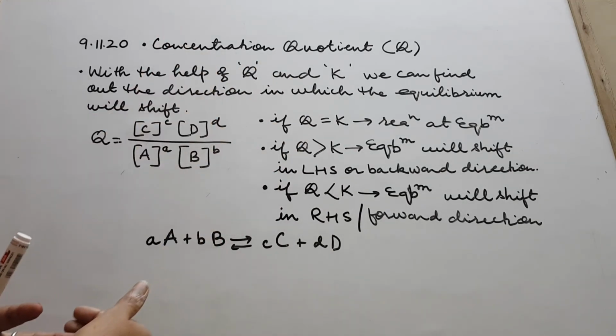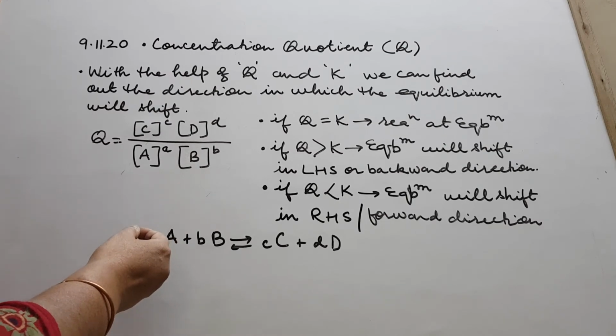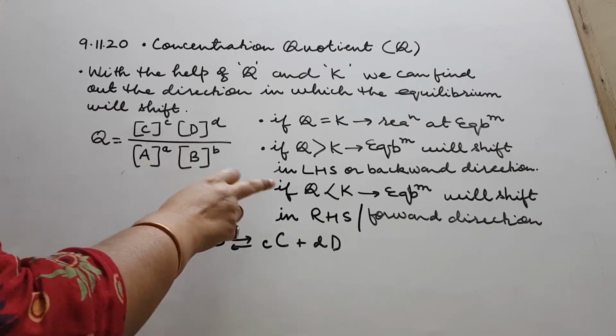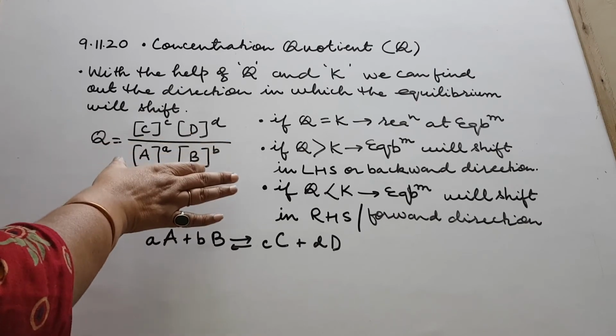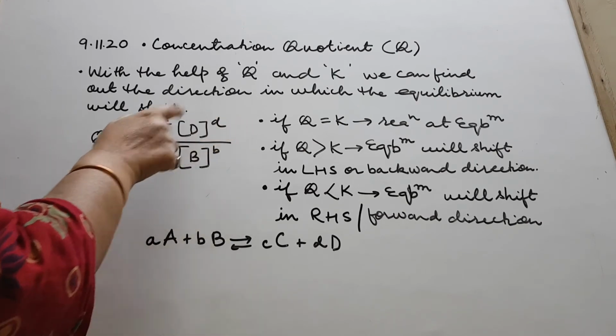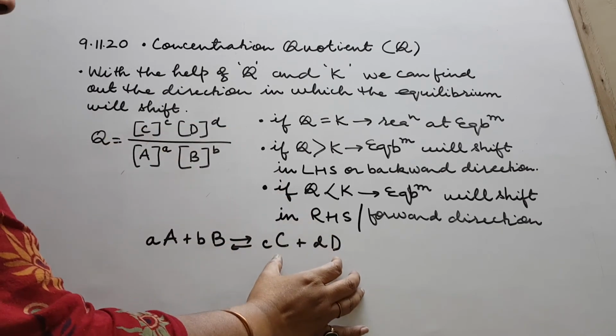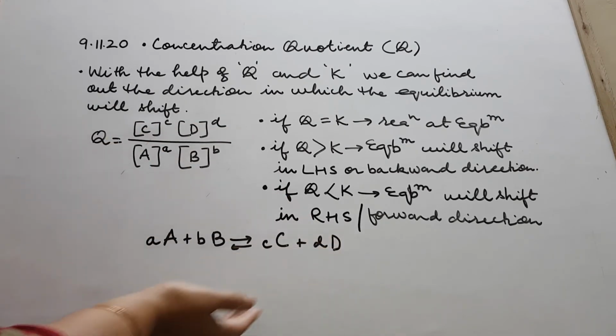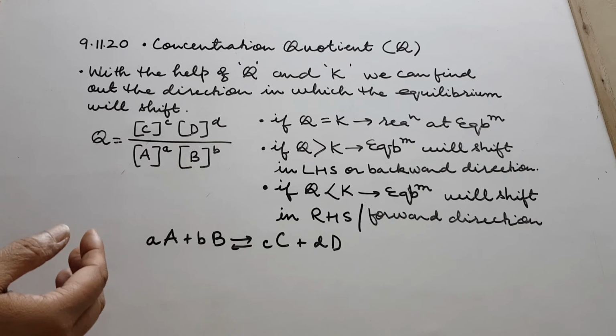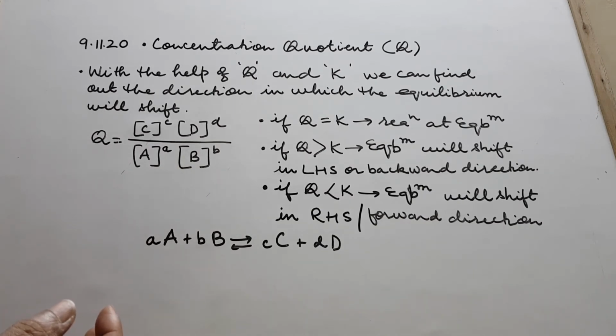You can see that much of mathematics. And if Q is less and K is more, less means this component is less, then only the value can be less. This numerator is less, so this is less. In this case, it will move in the forward direction, because nature also wants to maintain equilibrium.